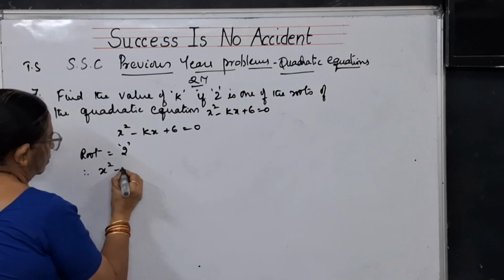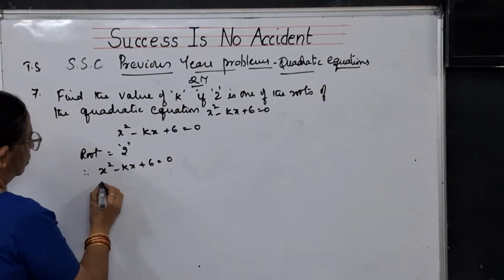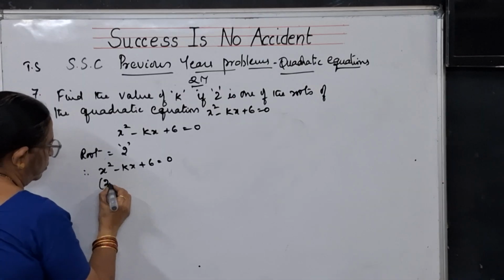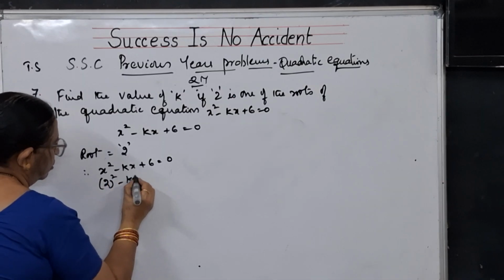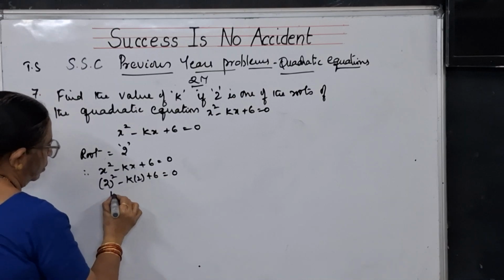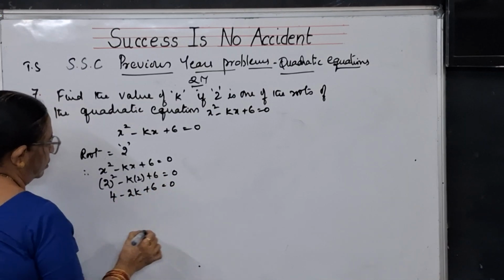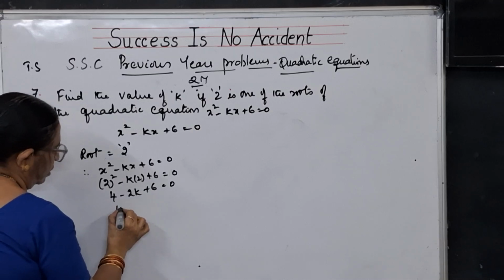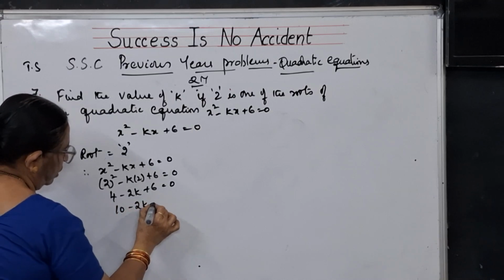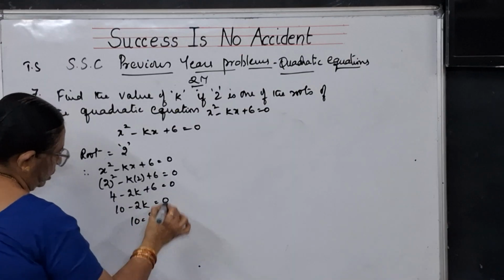Therefore, in x square minus kx plus 6 is equal to 0, I am substituting 2. 2 whole square minus k into 2 plus 6 is equal to 0. 4 minus 2k plus 6 is equal to 0. That is 10 minus 2k is equal to 0. So 10 is equal to 2k.